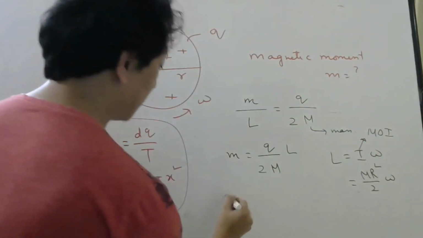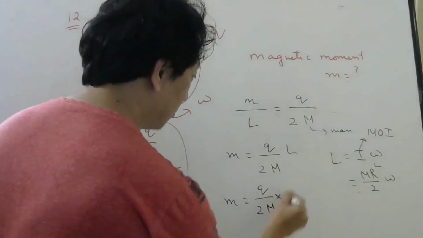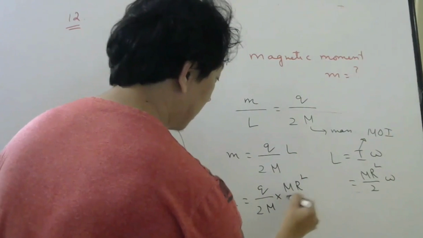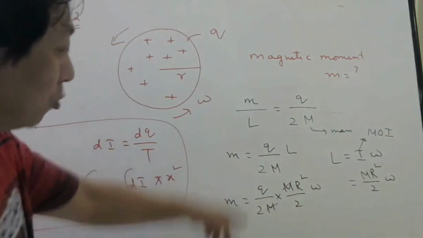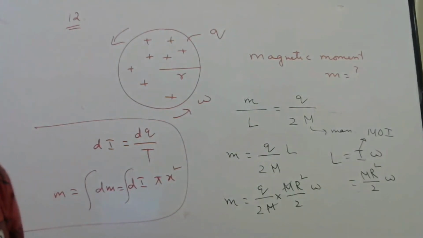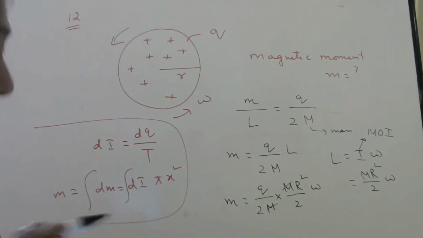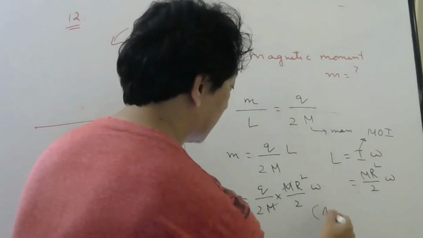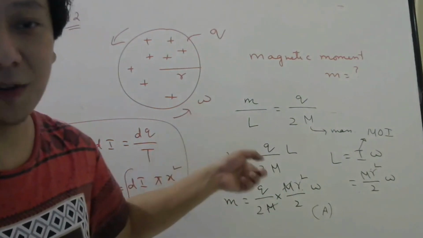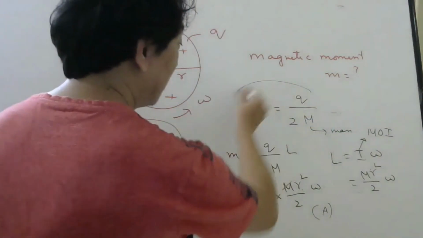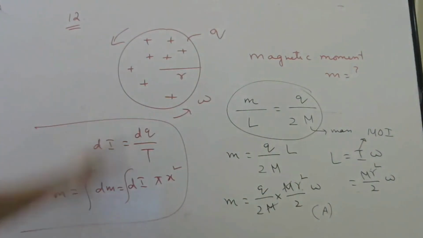So substitute this: magnetic moment will be q by 2M into Mr square by 2 omega. So M will cancel, and it will be q by 4 r square omega. Option A. Since you already know the formula for moment of inertia, this calculation will be very easy if you remember this general formula. No need to do all this integration, which will take time.